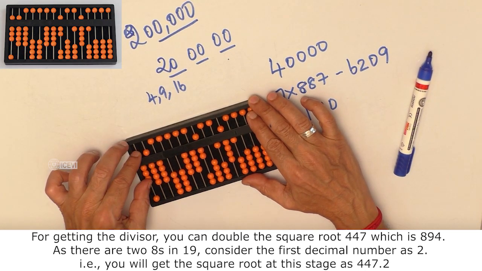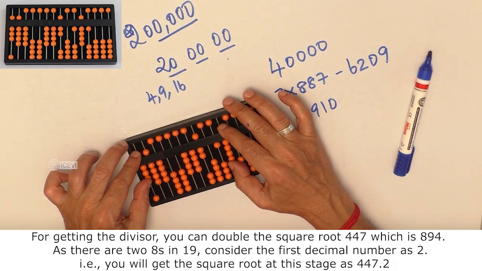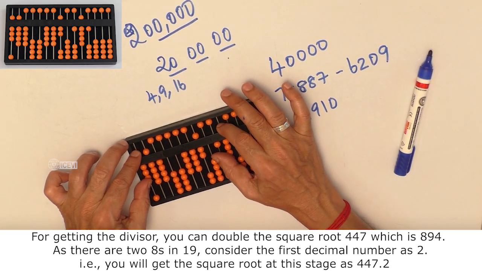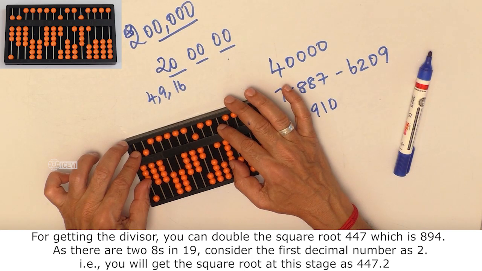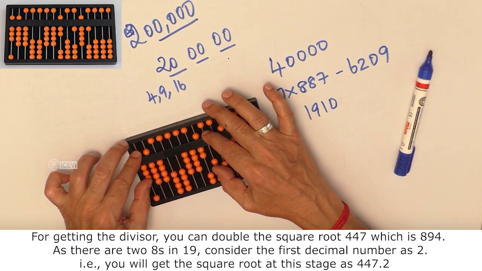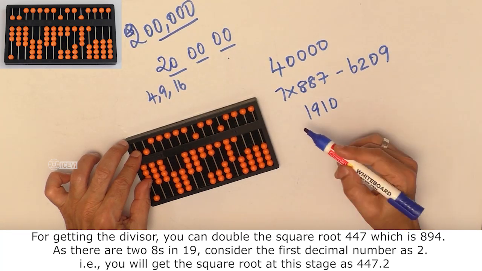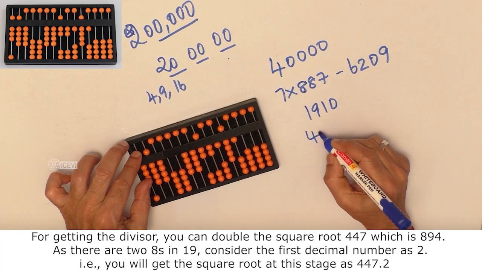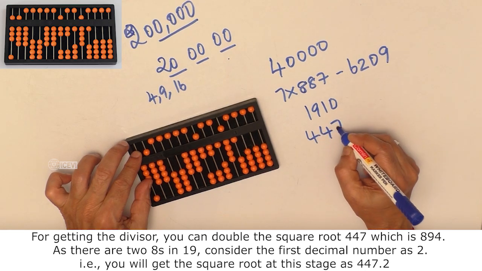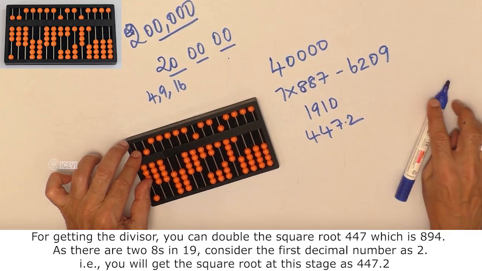As there are 2 8s in 19, the first 2 digits of the dividend, consider the first decimal number as 2. That is, you will get the square root at this stage as 447.2.